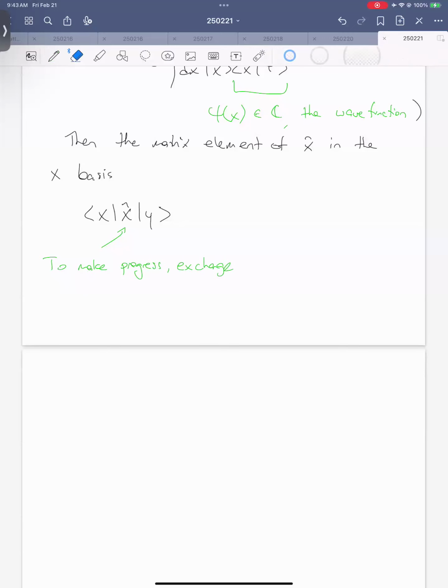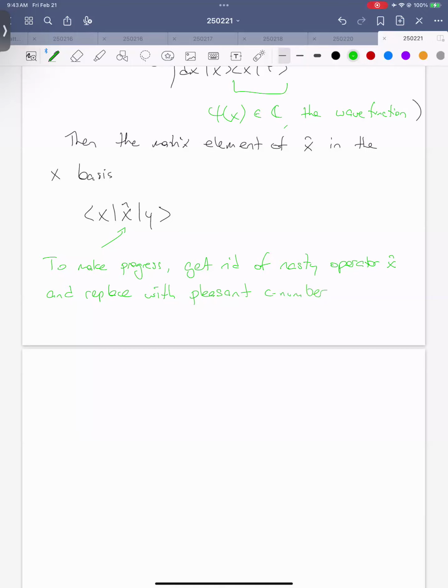Let's get rid of the nasty operator x hat and replace it with the pleasant C number eigenvalue y. So this is equal to y times the overlap of x with y.